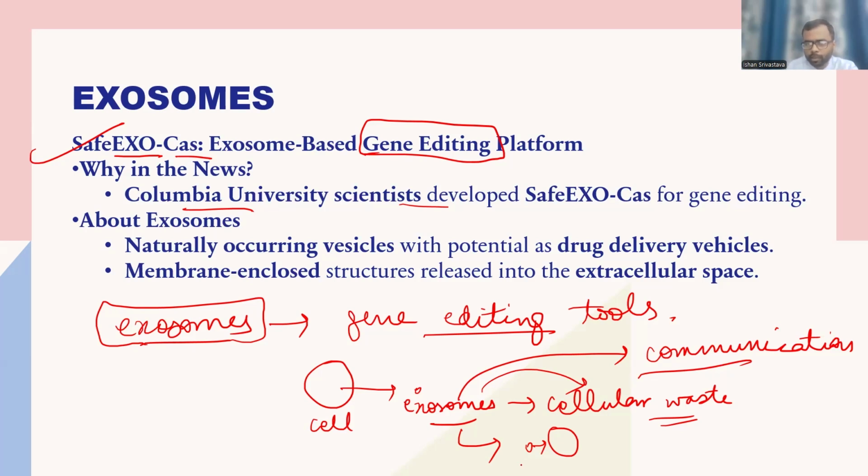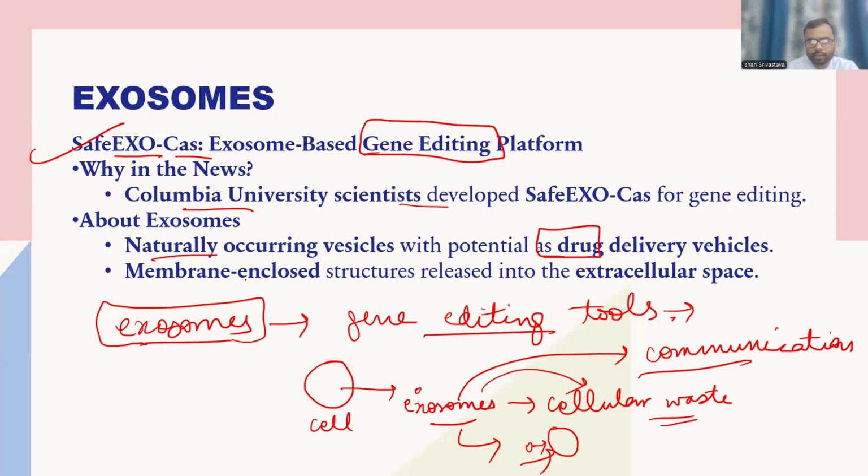Now their ability to pass through these cells is what scientists are now using for delivering drugs or even gene editing tools. So what could be the gene editing tools? Your guide RNA and your enzymes, right? If you remember CRISPR-Cas9, something similar, you will pack it up and try to deliver it using the exosomes.